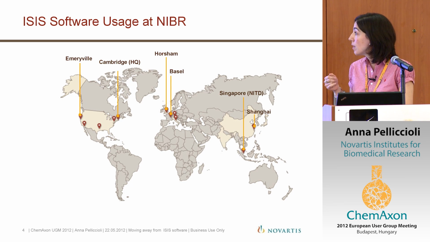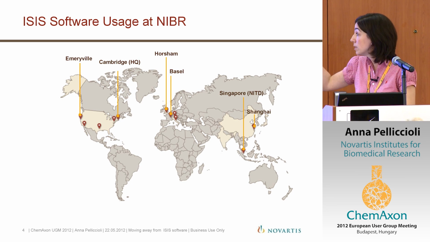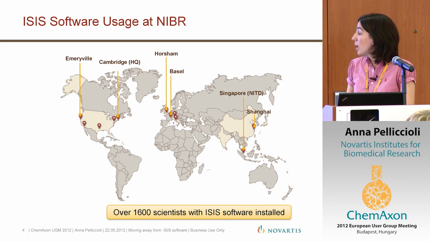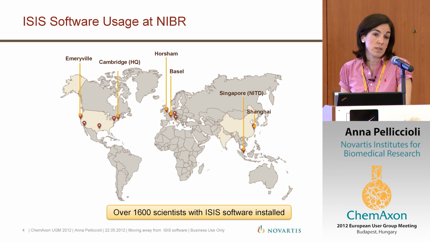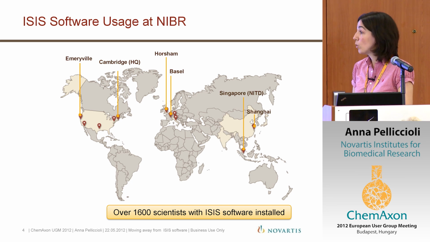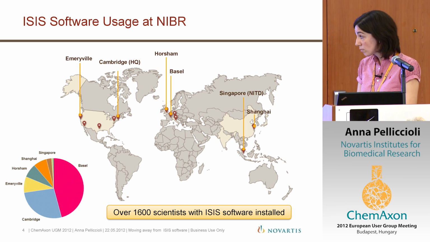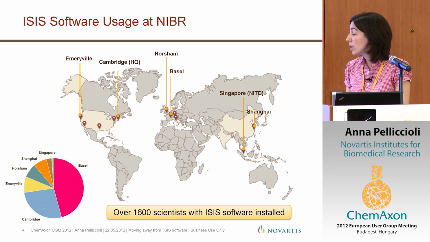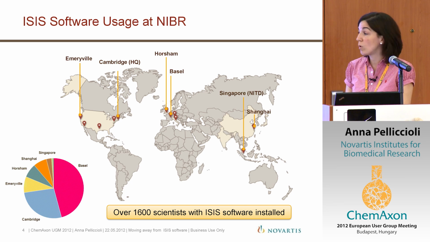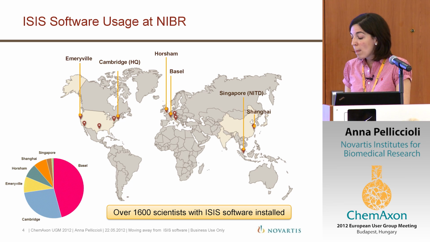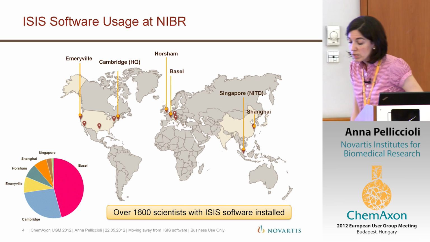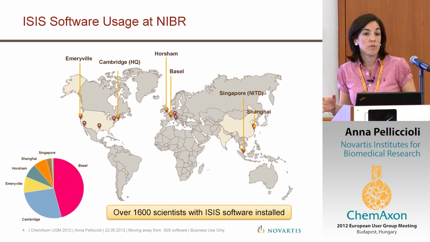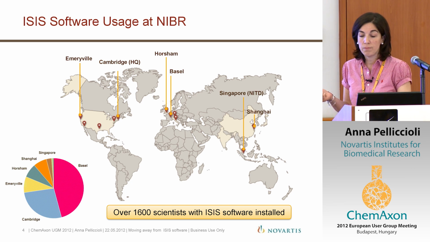And we saw that this is where the users were. We had in total about 1,600 scientists who had used or had installed IJC software. They were spread a bit everywhere, mostly in Basel, but there were quite a few also in other sites. So it was clear we needed to approach this as a global project, involve a little bit everybody.